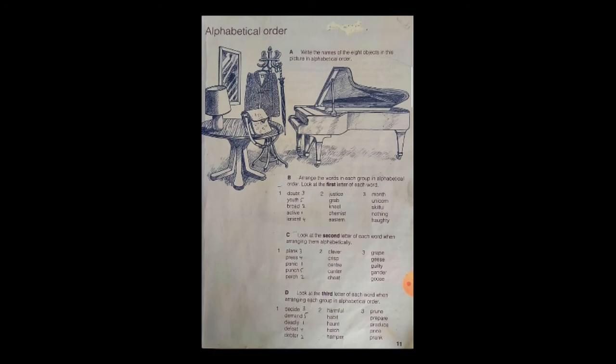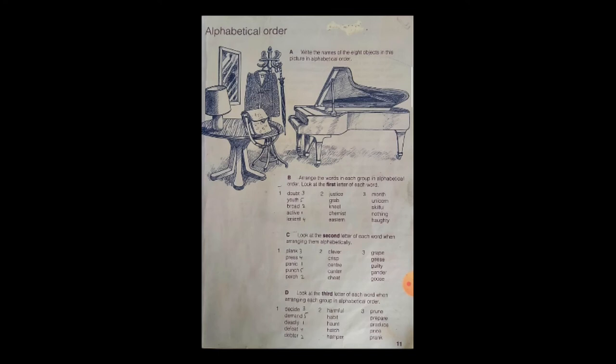The second letter of plank is L. The second letter of press is R. The second letter of panic is A. So A comes first. So write down 1 on panic. Second is purge. Third is plank. Press 4 and punch 5.